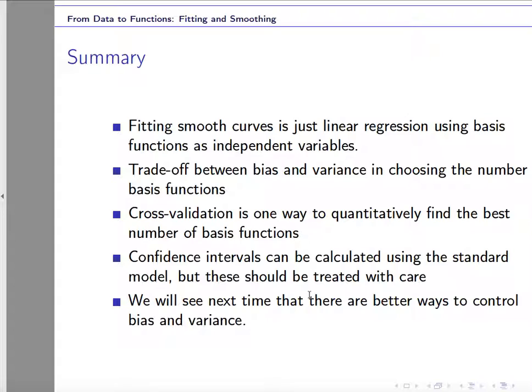We fit a smooth curve as a linear combination of basis functions. We estimate the coefficients by least squares. We use cross-validation to choose the number of basis functions. And we can calculate the confidence interval of the fitted curve using this matrix calculation.